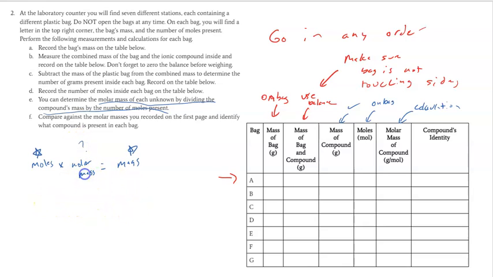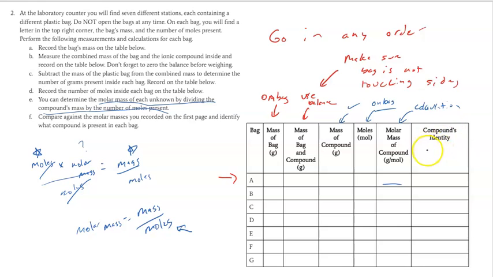If we treated this like x in algebra, moles times x equals mass, we could just divide both sides by moles. So the molar mass equals mass over moles. The moles is written on the baggie for you. The mass you will figure out by taking the total mass and subtracting the mass of the bag. Mass over moles will give you your molar mass.